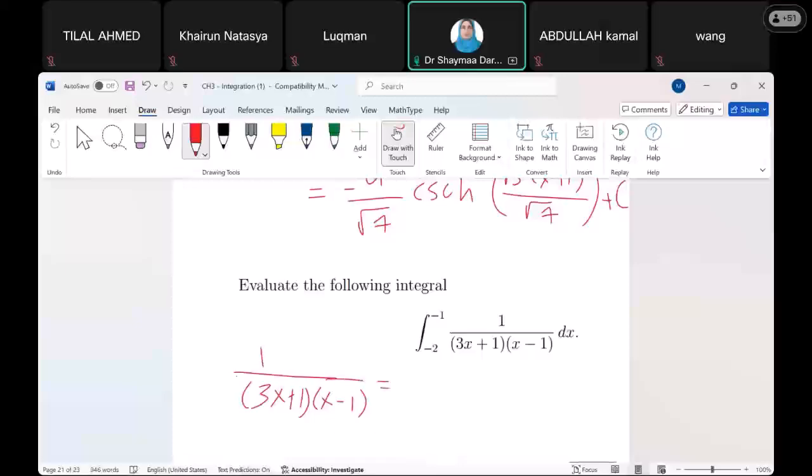equal to constant over 3x plus 1 plus constant over x minus 1.